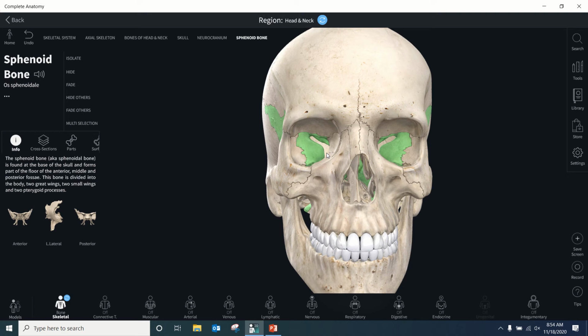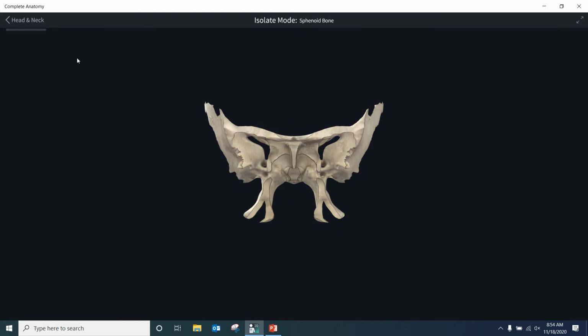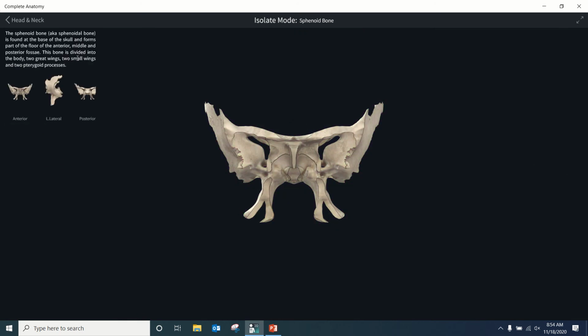There are other holes in the bone, so I'm going to isolate this one just like I did with the ethmoid. If we isolate it like this, it's supposed to look kind of like a bat, and it kind of does, I guess. Like a bat that lives in a cave and flies at night. You can see the hole for the optic nerves, but there are other holes.